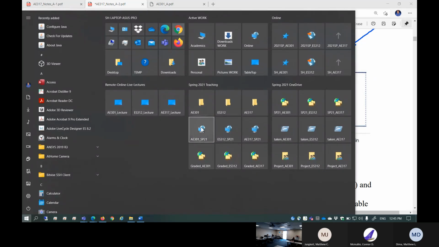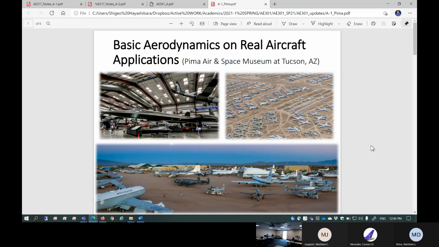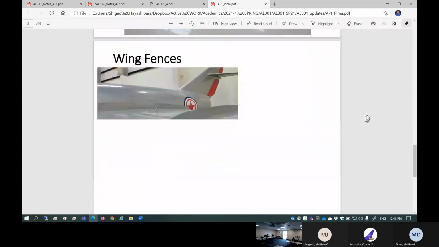Let me find out something. I think you've seen this in AE1, but non-conventional cross-section.